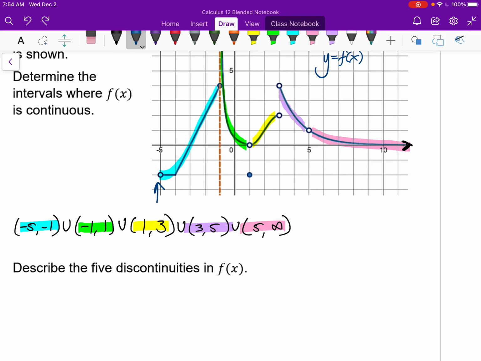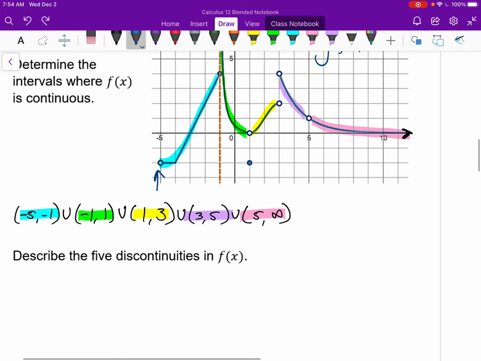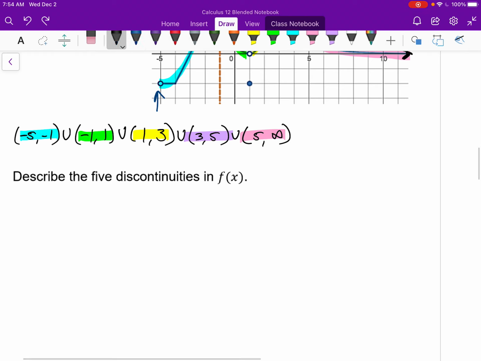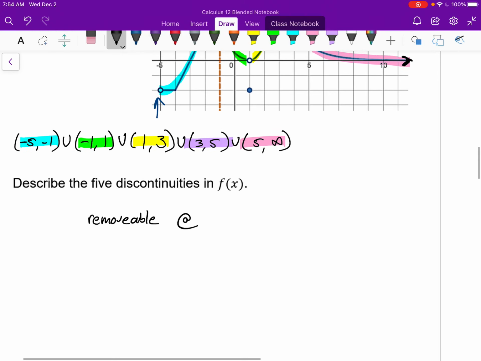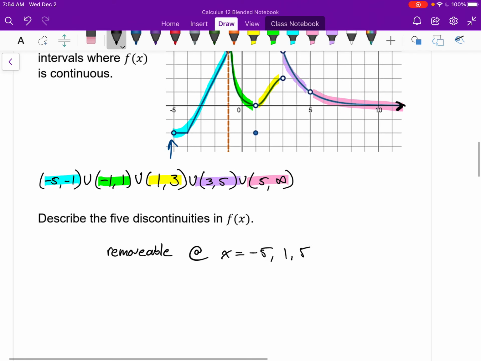So now, what are the 5 discontinuities we see here? Well, there's 3 removable discontinuities. And where are they? There's a removable discontinuity at -5, there's a removable discontinuity at 1, and there's a removable discontinuity at 5. So there, and there.